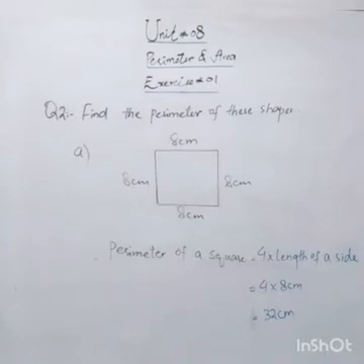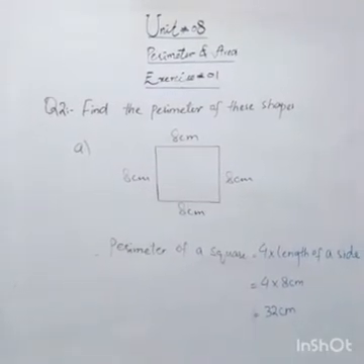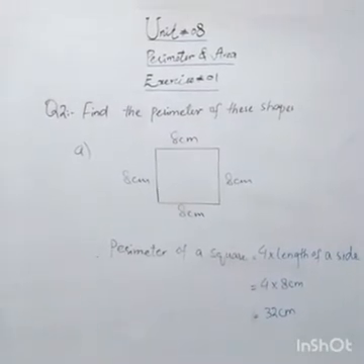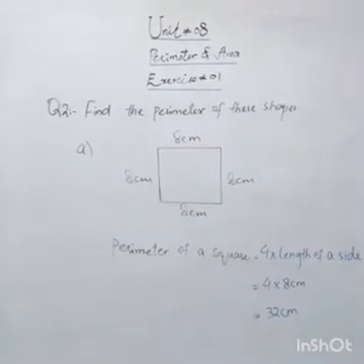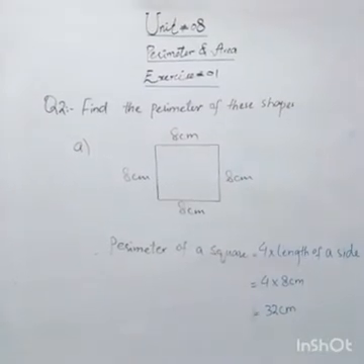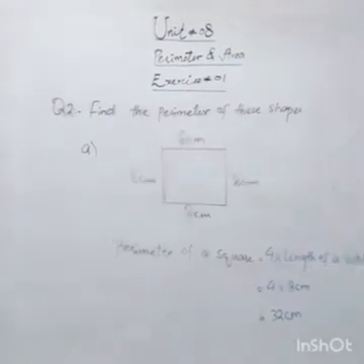So we will put the length of a side in the formula. 4 into length of a side, 4 into 8 centimeter. When we multiply 4 with 8, we will get 4 8s are 32 centimeter. So the perimeter of a square is equal to 32 centimeter.